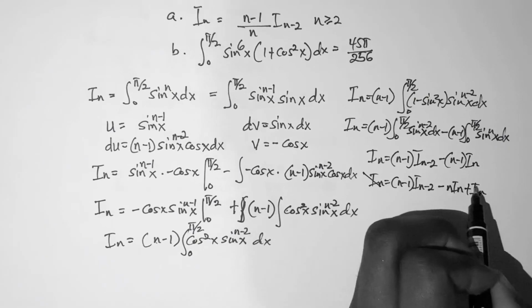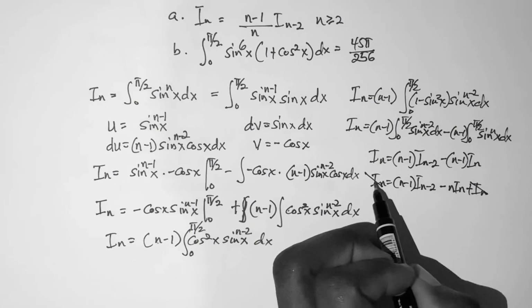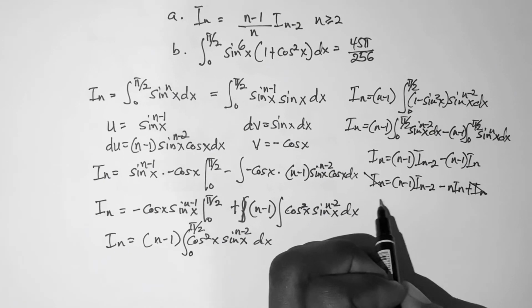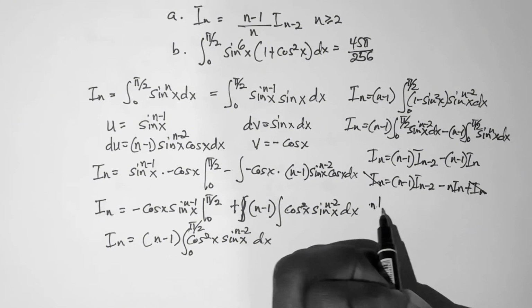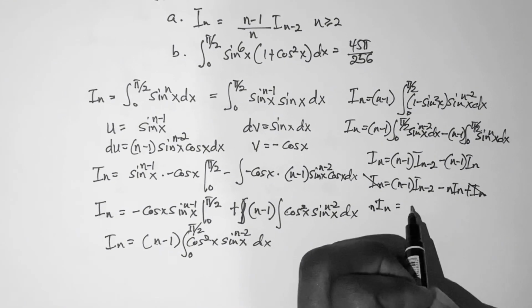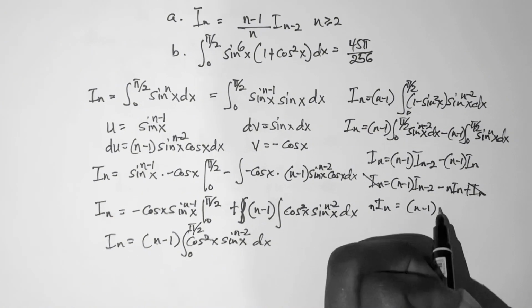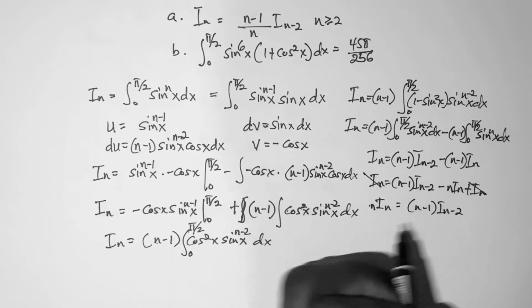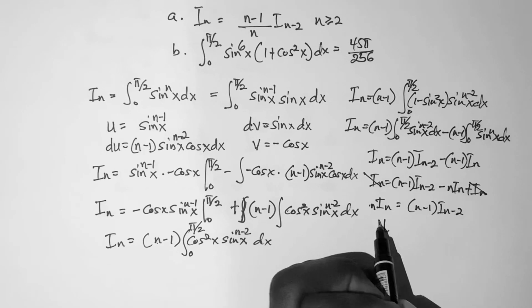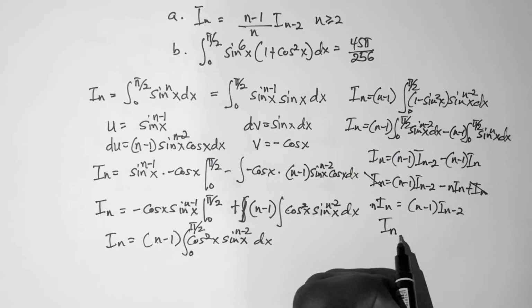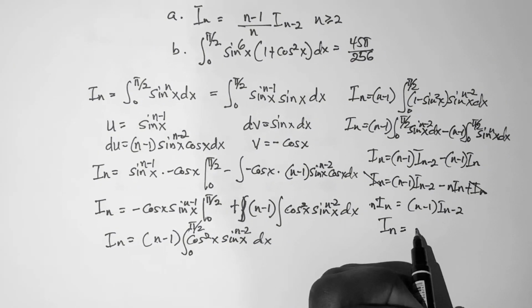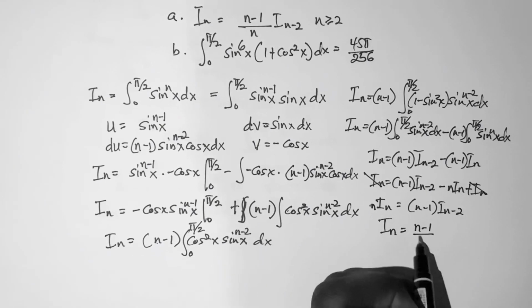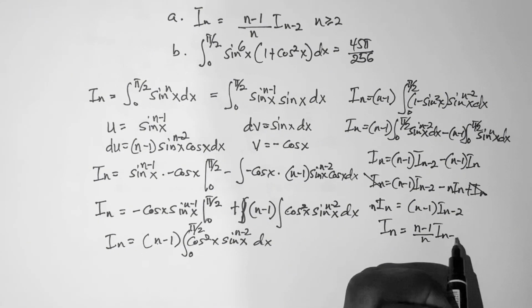So this I of n and I of n will cancel out. If we bring minus n I of n to the left hand side, we have n I of n equals into bracket n minus 1 I of n minus 2. If we divide through by n, we find that I of n is equal to n minus 1 over n I of n minus 2.